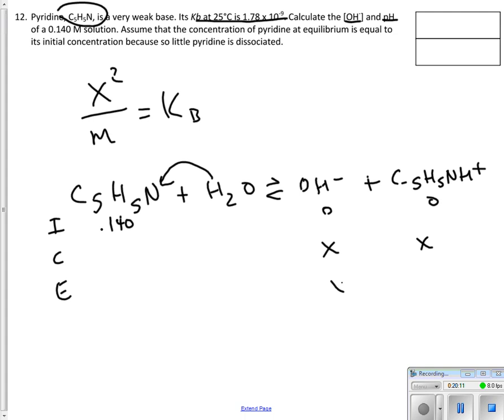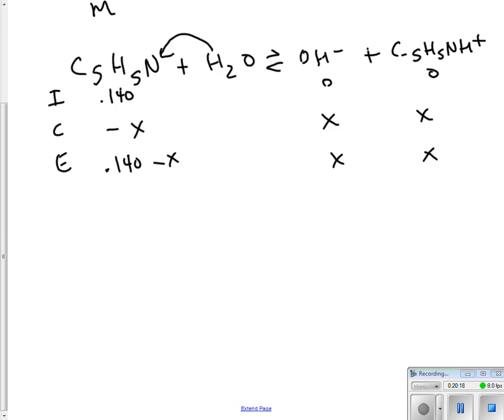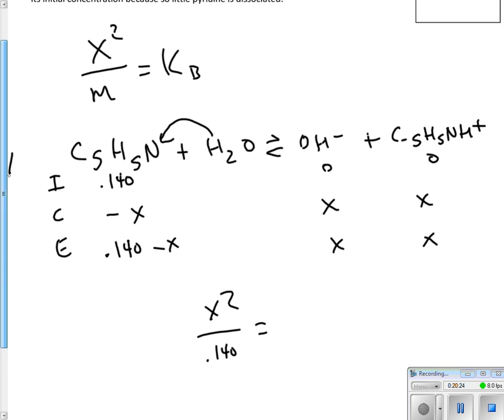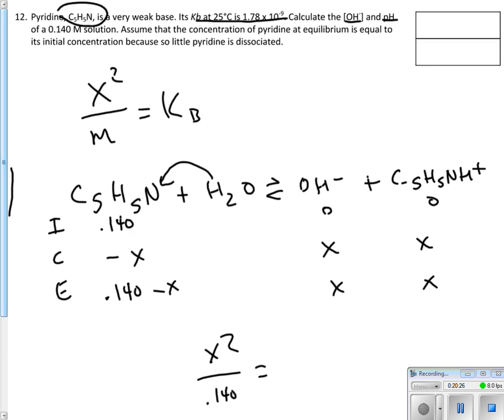So ultimately, I'm going to get X squared over 0.14, dropping the X, is equal to 1.78 times 10 to the negative 9th. So then all I do is multiply that times that.